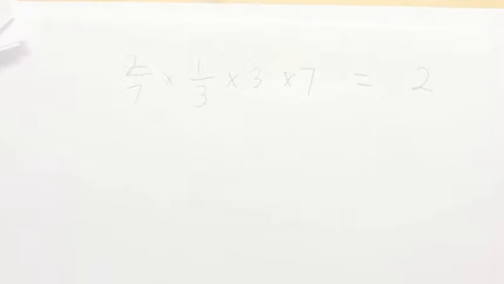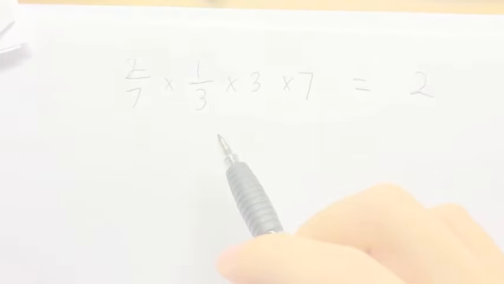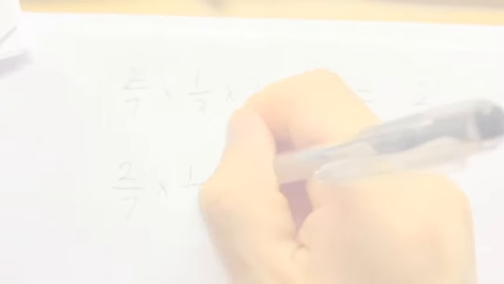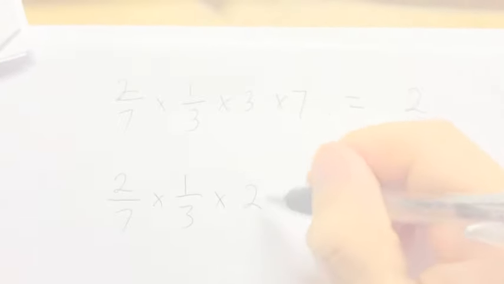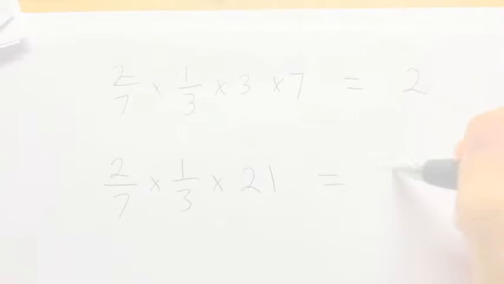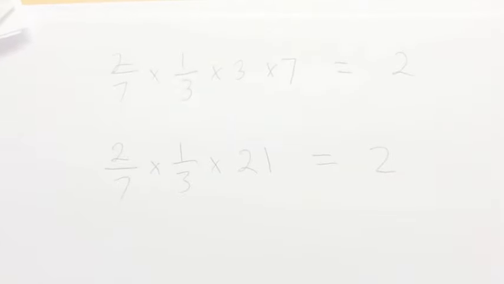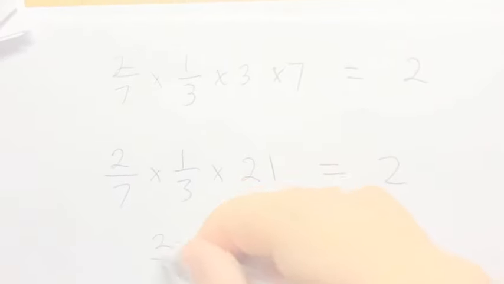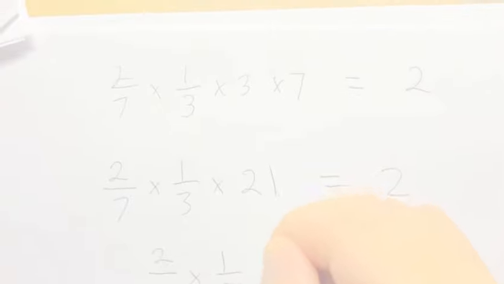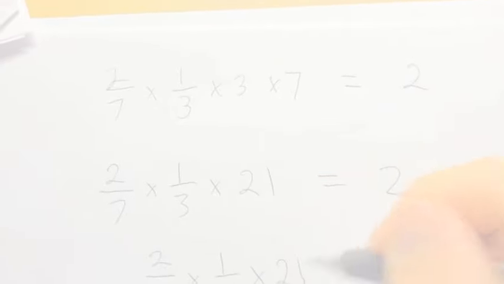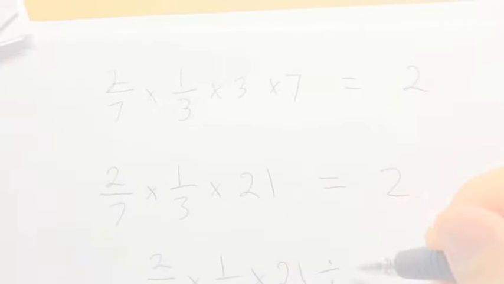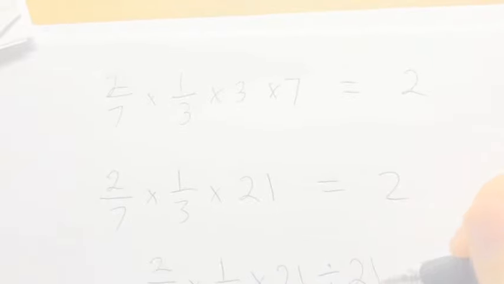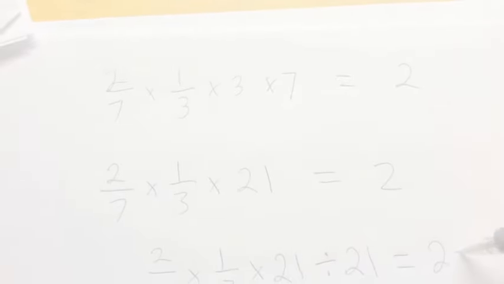Now let's multiply these things together. So 2 over 7 times 1 over 3 times 21 is equal to 2. So now we can divide by 21. So 2 over 7 times 1 over 3 times 21 divided by 21 equals 2 divided by 21.